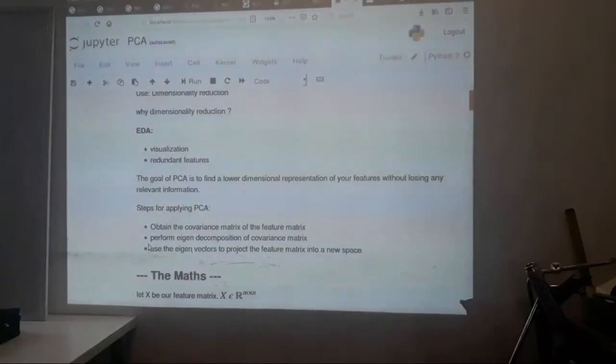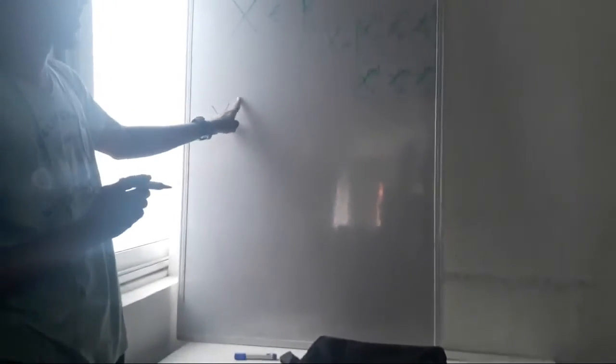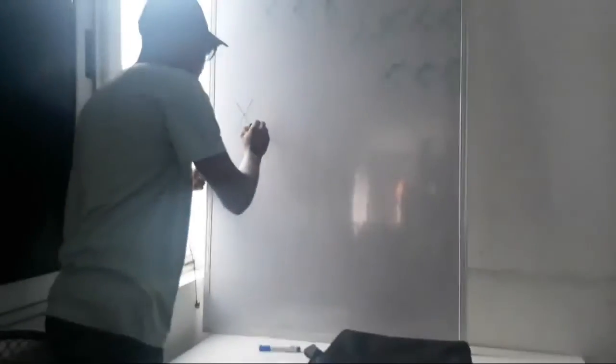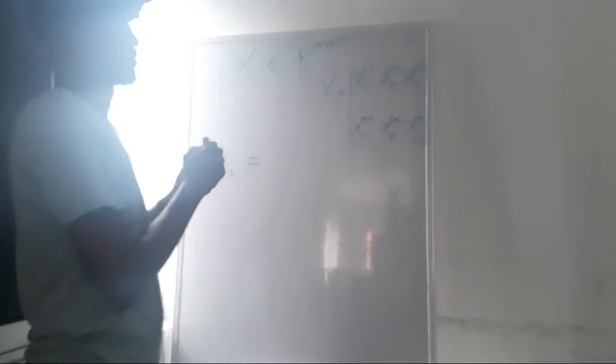So I'm saying that x is the examples in our training set. What we want to do in PCA is to find another representation of x. So let's say to find x prime. Okay, let me not use x prime. Let me use x2. To find another x, and you find this x by applying a transformation on this.